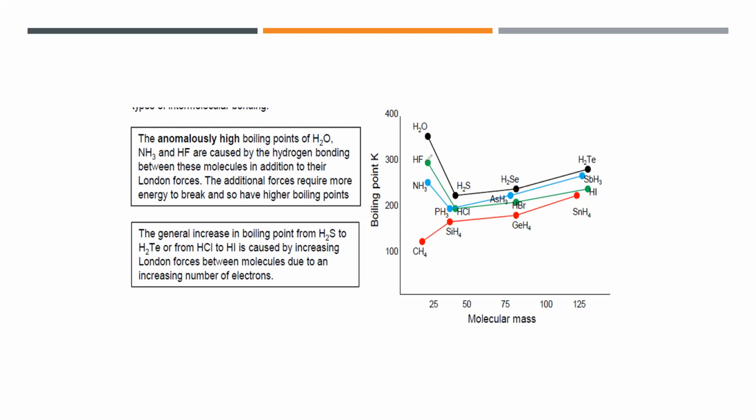Same thing when we compare hydrogen fluoride with hydrogen chloride. We observe the boiling point decreases. Why is there a decrease in boiling point? Because in hydrogen fluoride, there's a hydrogen bond. In hydrogen chloride, there is a dipole force. And then between hydrogen chloride and hydrogen bromide, we observe that hydrogen bromide has a higher boiling point than hydrogen chloride.